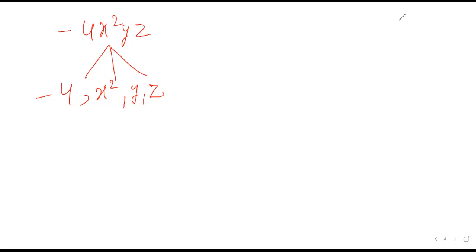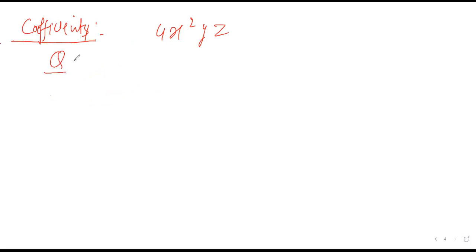Now coefficient, this is the important thing. Coefficients. Let us write the same example. In this expression, the question will be asked in two types.